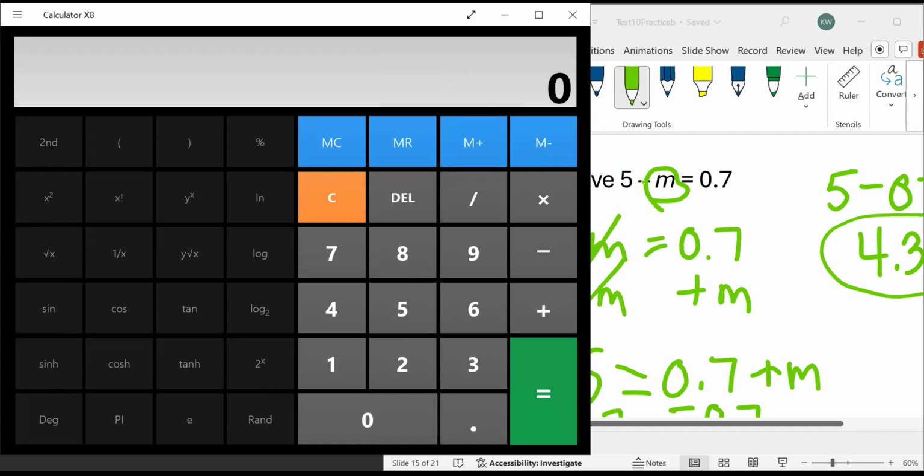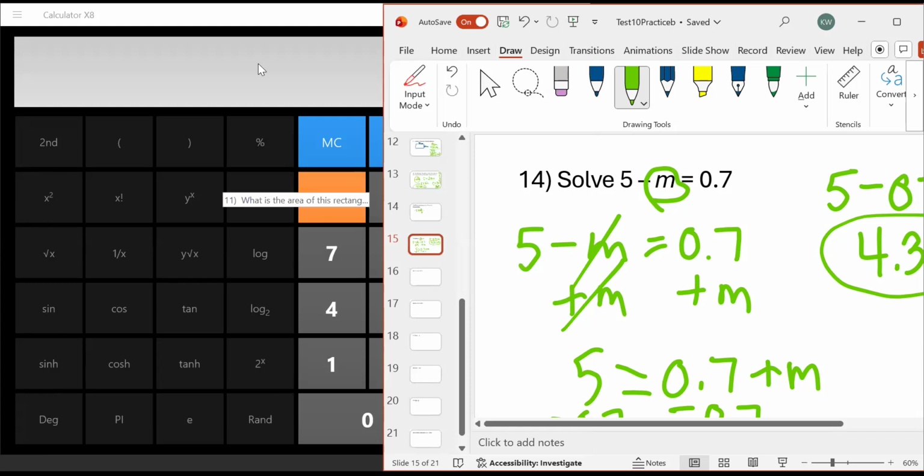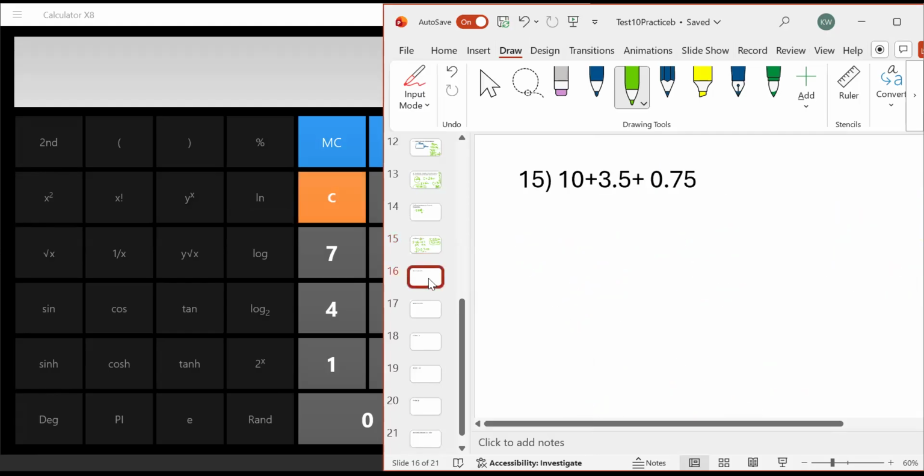So if we add m to both sides and we subtract 0.7 from both sides, now m is over here instead of 0.7, and we end up with just 5 minus 0.7 equals 4.3. So sometimes you might want to move it around before you put it in the calculator. Sometimes you can use parentheses to put it in the calculator so that it's not so important that you move it around. It depends on the problem.